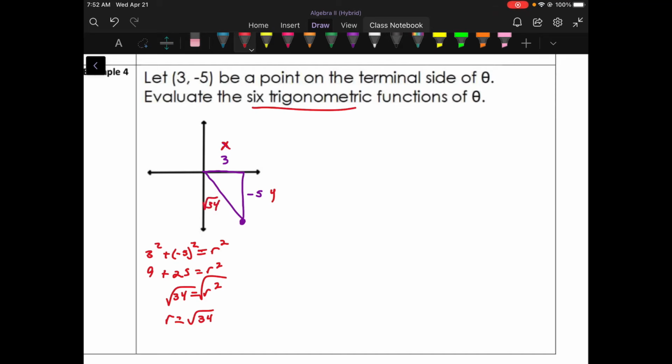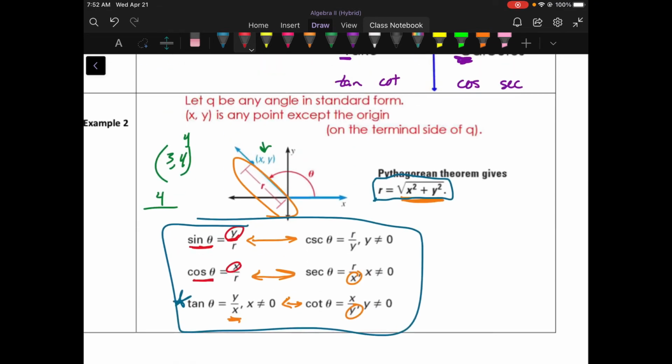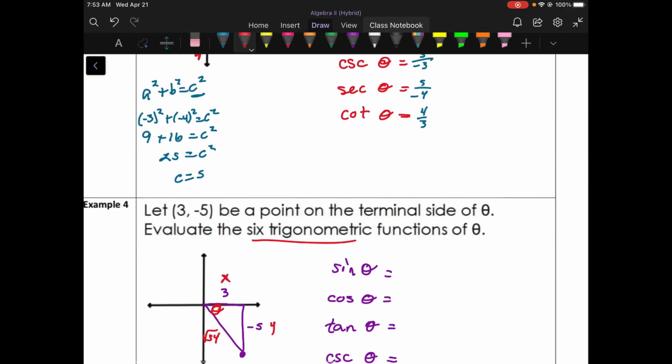All right, so now we can evaluate sine, cosine, tangent, cosecant, secant, and cotangent, the 6 trig functions. You can use either way. You can use the reference angle, theta, or you can use the relationships y over r, x over r, and y over x.